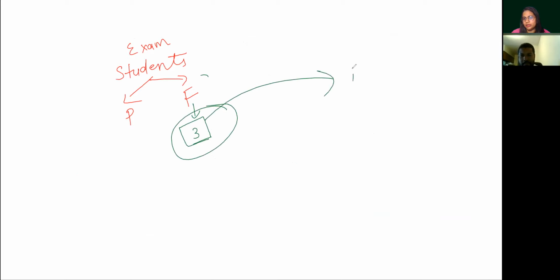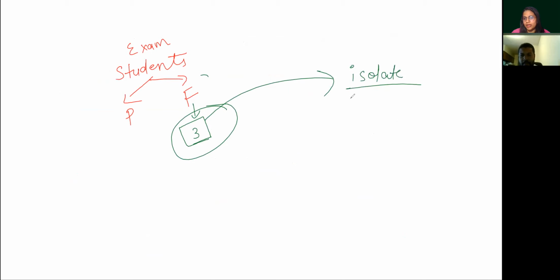I'll give you a simple example. There are students in a class, and there is an exam. Some students passed, some failed. If a student fails more than 3 times in a subject, they take those students and isolate them in another class.